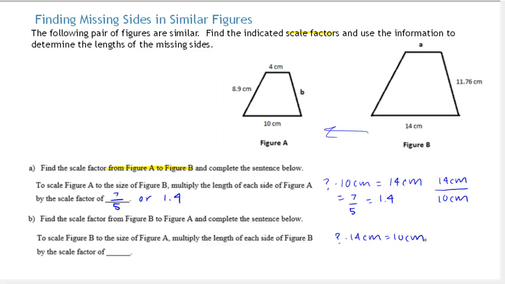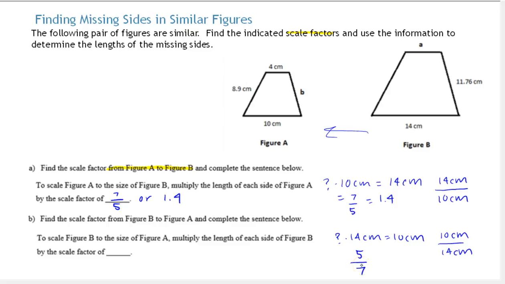Well, the corresponding division problem for this is 10 centimeters over 14 centimeters. Okay. So notice this fraction is less than 1, and that makes sense. Figure B is bigger than figure A, so we're going to multiply by a fraction less than 1. And this simplifies to, the centimeters cancel, divide by 2, and we get 5/7.